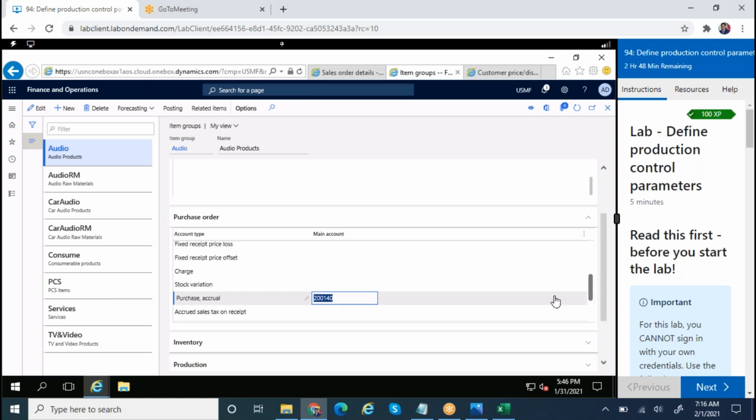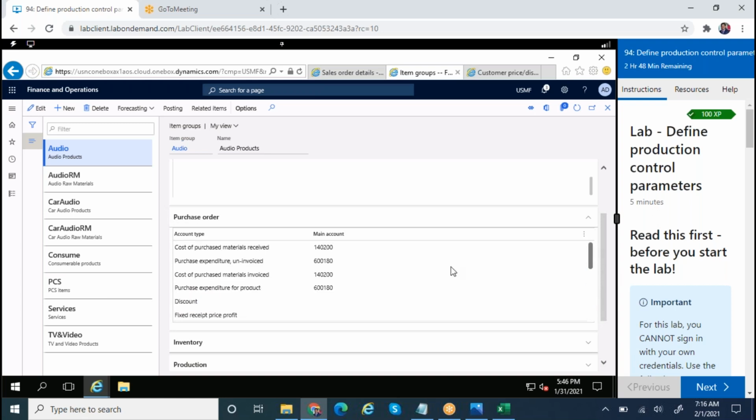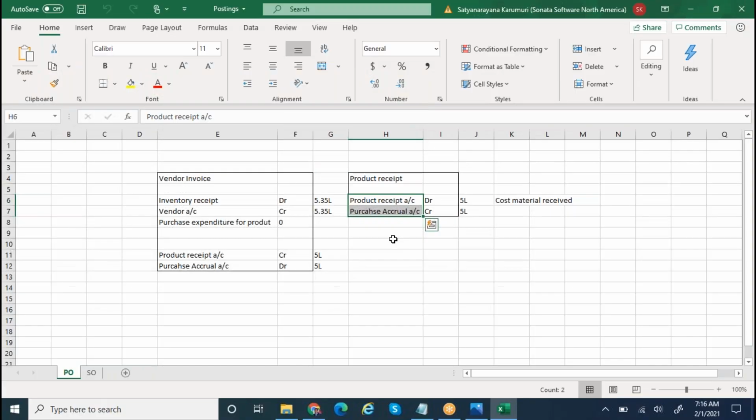And in this, there is one more account, purchase expenditure uninvoiced. So here, I'm just increasing your knowledge now.